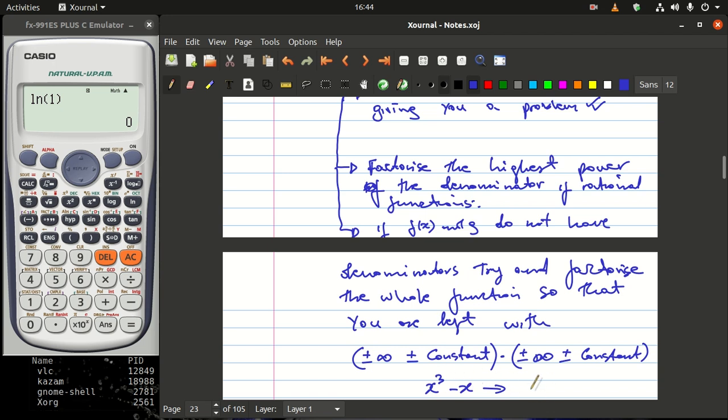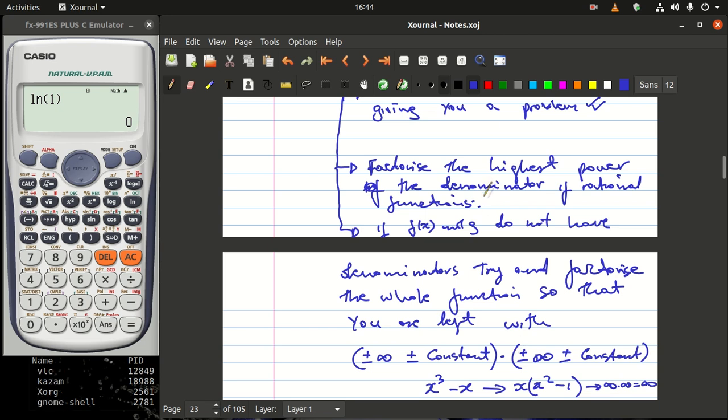What you need to do here is factorize and take out the common factor x, and then you'll be left with x squared minus 1, and this one is going to be infinite minus a constant, which is infinite, and this tells you right away that you have infinite times infinite, which is infinite. So that is the kind of factorization that I'm talking about here: try and factorize the whole function.